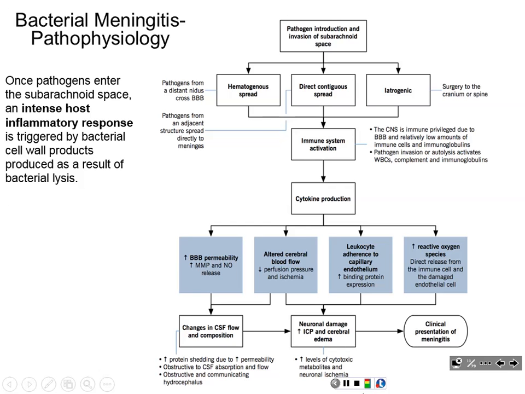These leukocytes migrate into the subarachnoid space, and so we've already started increasing the volume in that subarachnoid space. This causes an occlusion of cortical blood vessels, damages nerve roots, and impairs central nervous system CSF flow. This can lead to cranial nerve dysfunctions and also hydrocephalus.